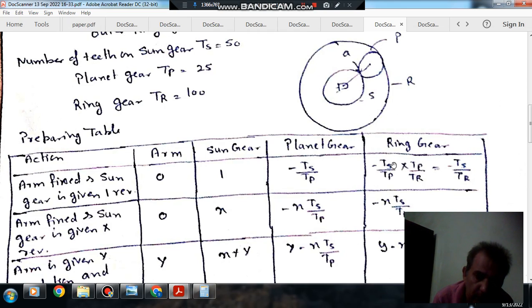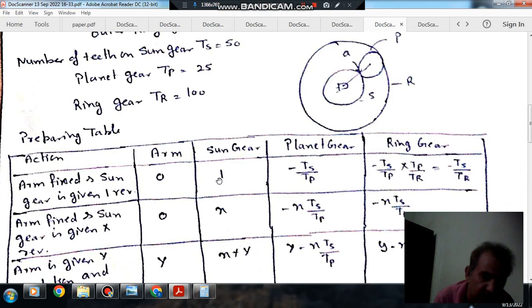So TP by TR will be NR by NP, and NP is this quantity. So it will be minus TS by TP into TP by TR, which is the revolution of ring gear. TP will cancel out, so it will be minus TS by TR. This is the first row of the table.